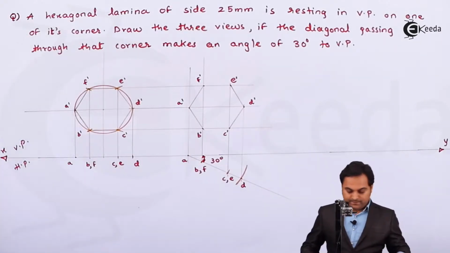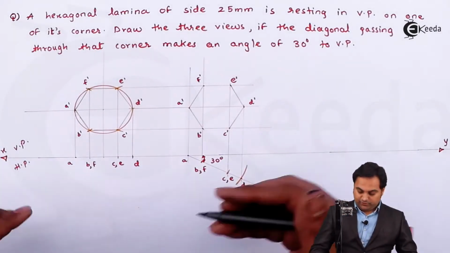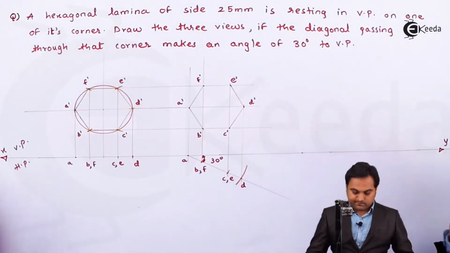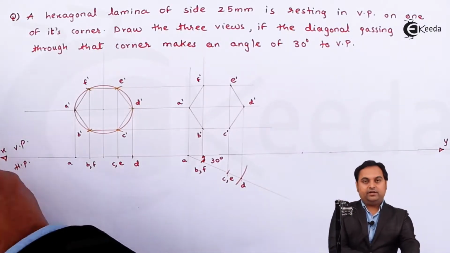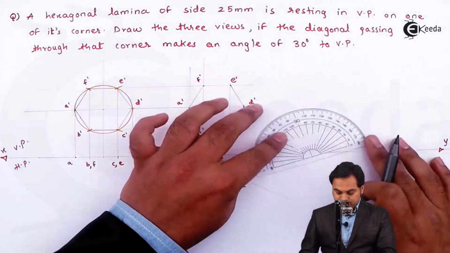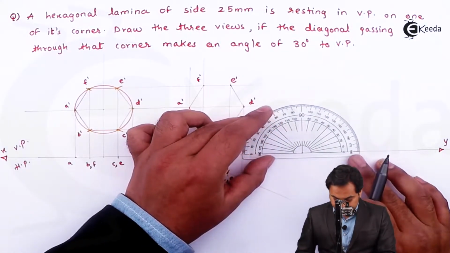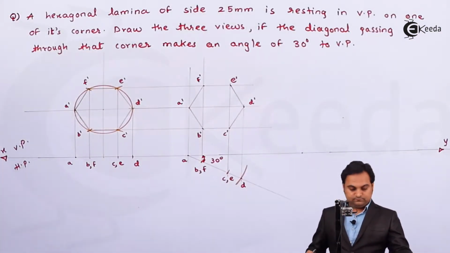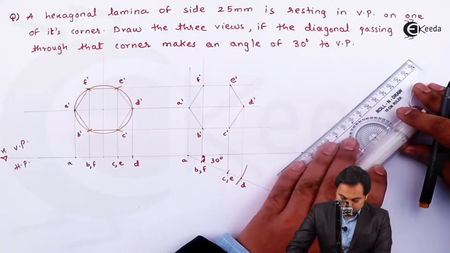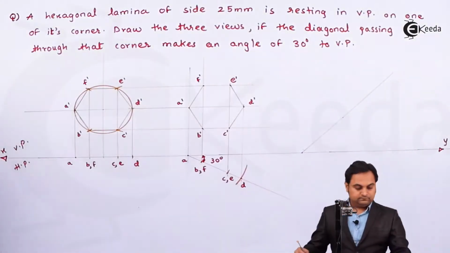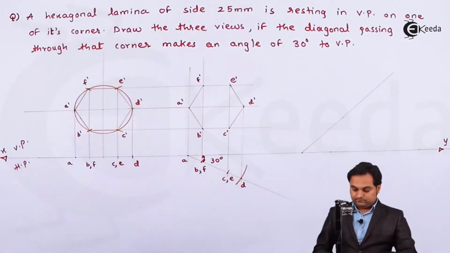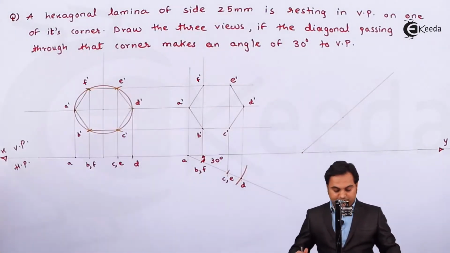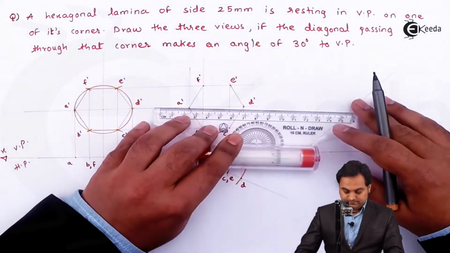For that, I'll select a point, measure an angle of 45 degrees. Next, projecting the points starting with A dash.